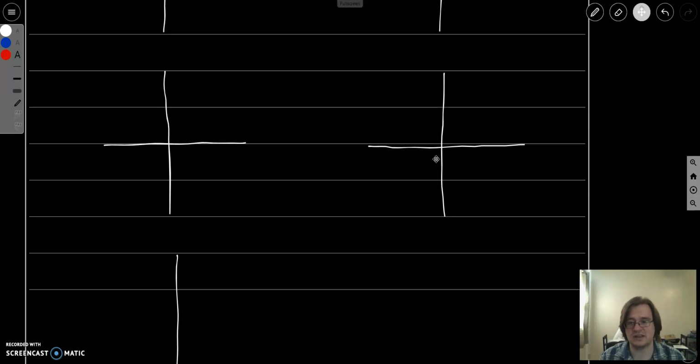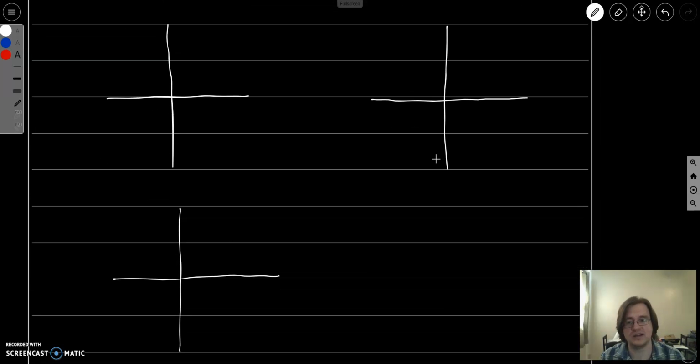More situations that could happen, you could have more than one intercept as well. So for instance, if I had something like this. When we look at this, again, we only cross the y-axis once, so there's only one y-intercept. But when we look at the x-intercept, remembering the x-axis is the horizontal line, there's 1, 2, 3 x-intercepts.